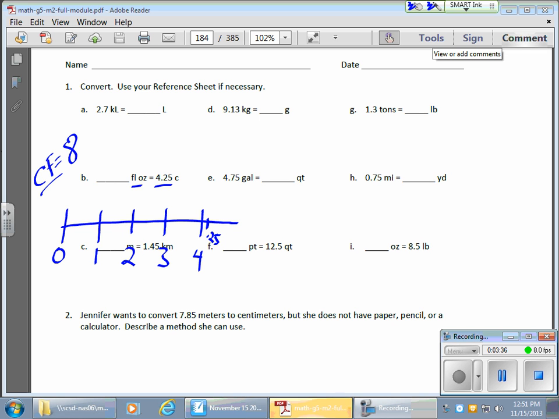Now on the top here, let's put the whole word, fluid ounces, 0 fluid ounces. And since we have 8 ounces for every cup, everything's times 8. Times 8, times 8, times 8, even my 0.25. So I have a 16 here. I have a 24 here. I have a 32 here.